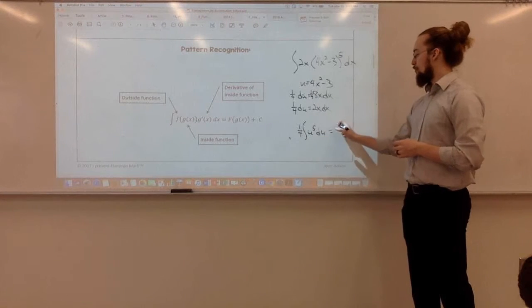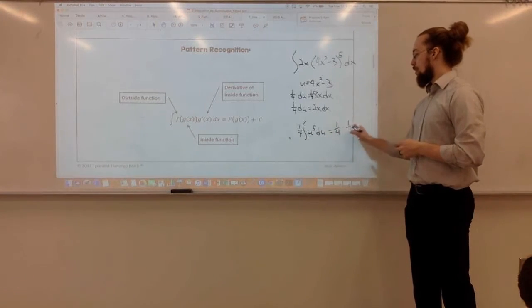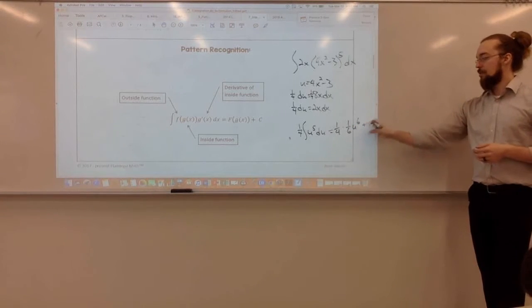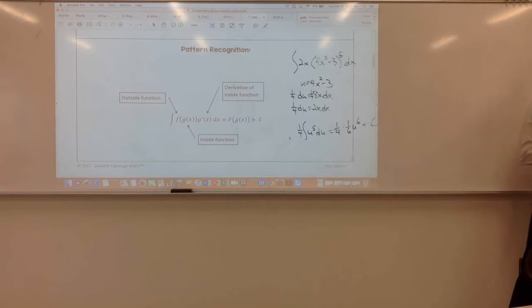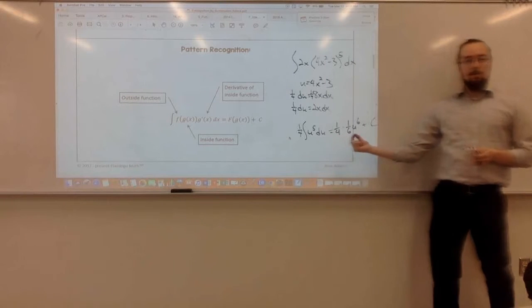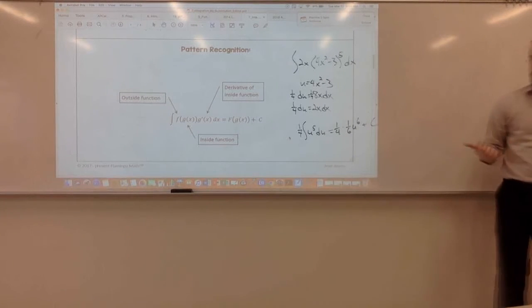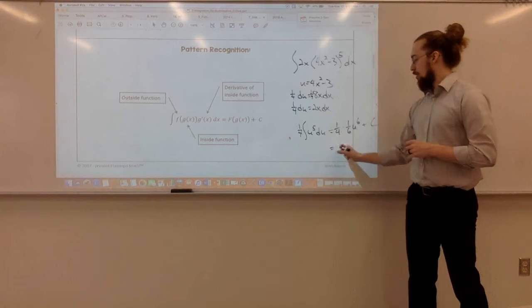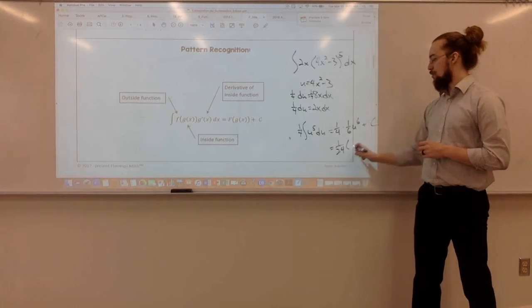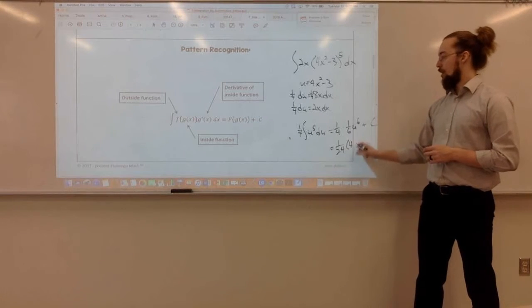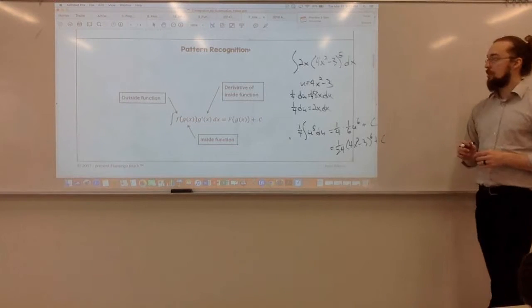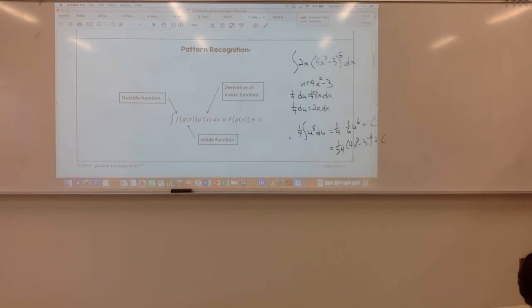But then I still have that 1/4 out there as well. So I'll have 1/4 times 1/6 u to the 6th plus c. And then I could go ahead and multiply this 1/4 and 1/6 together. And I'll do that in one step as I plug my u back in. So this will be 1/24 times (4x squared minus 3) to the 6th power plus c.